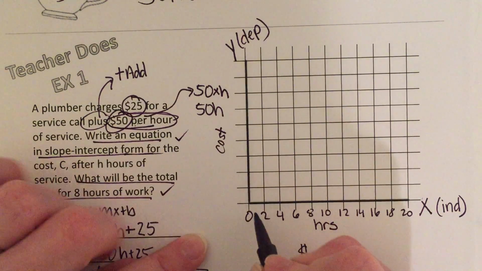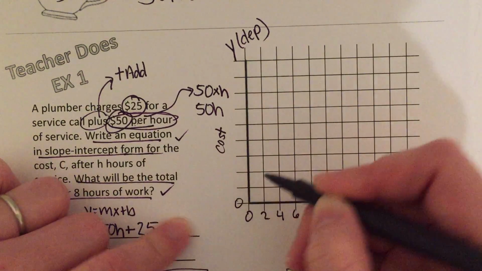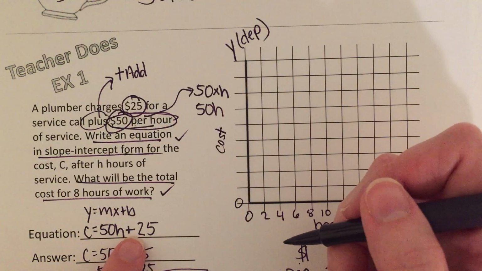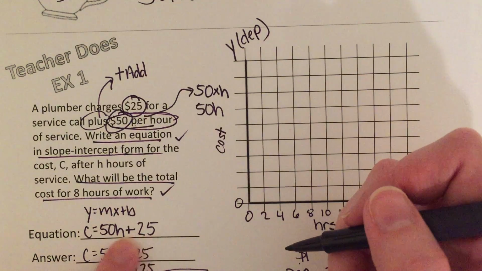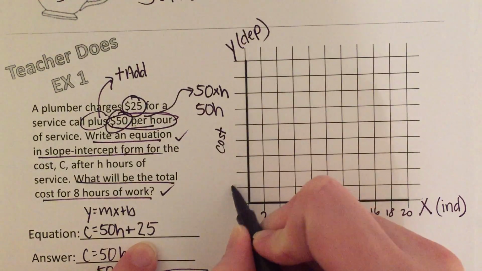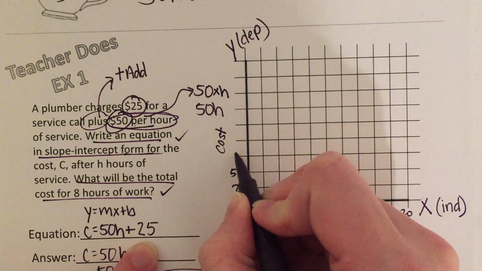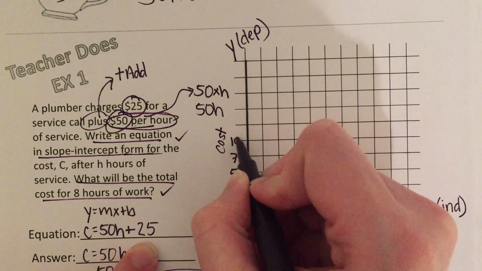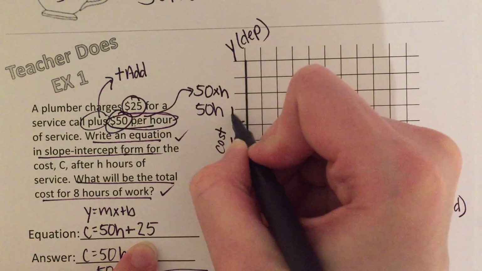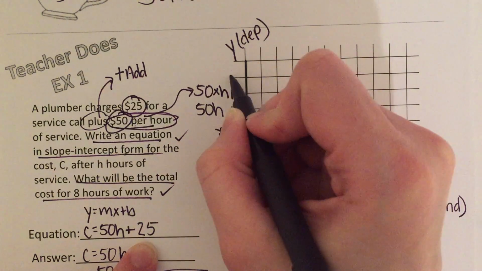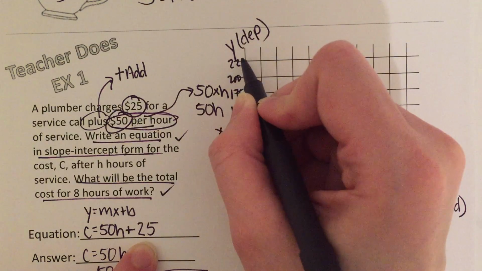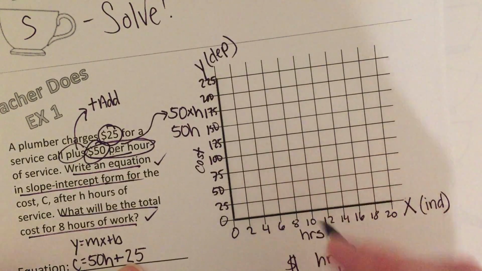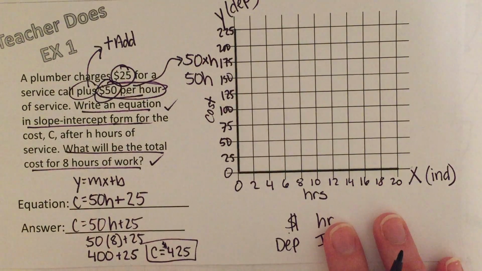Now I start there, my origin 0, 0, 0, and because this is going up by 25 each time, I'm just going to count by 25s over here. And I need to do a lot of substituting in order to graph this.